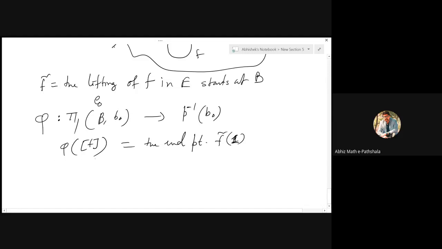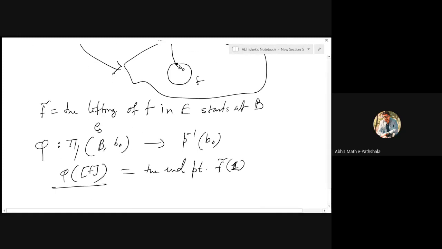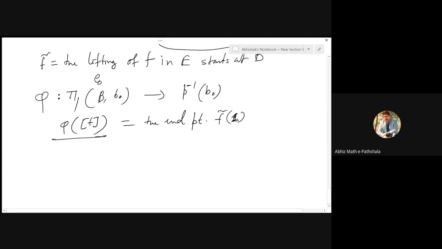That is, phi of the class of f is defined to be the end point of the lifting f tilde of the loop f based at b naught. Now, since f is a loop based at b naught and f tilde is a lifting, p composed with f tilde of 1 is f of 1, and what is f of 1? It is b naught.